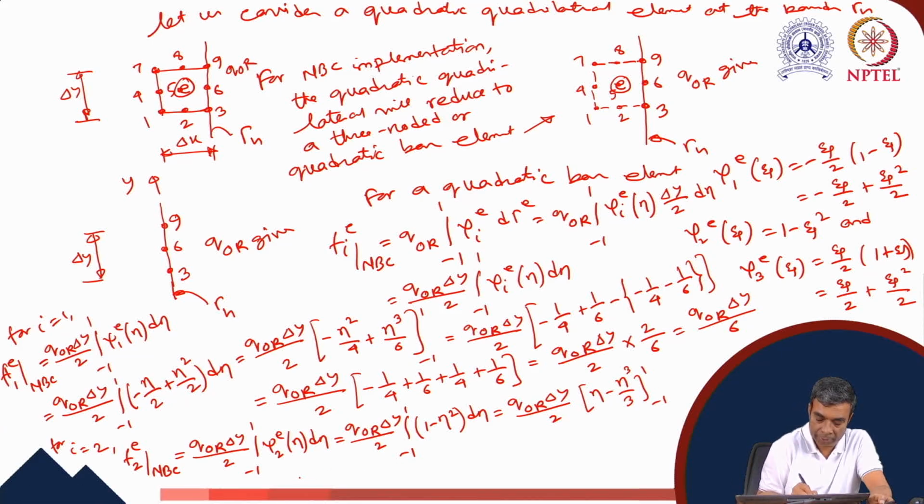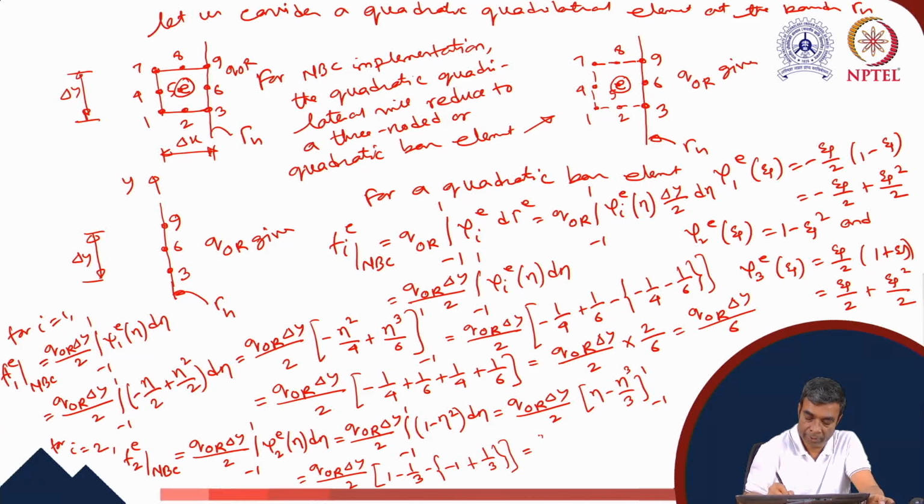This gives us Q0R delta y by 2 times 1 minus 1/3 minus minus 1 plus 1/3. So this gives us Q0R delta y by 2 into 1 plus 1, this is 2, minus 2 by 3.